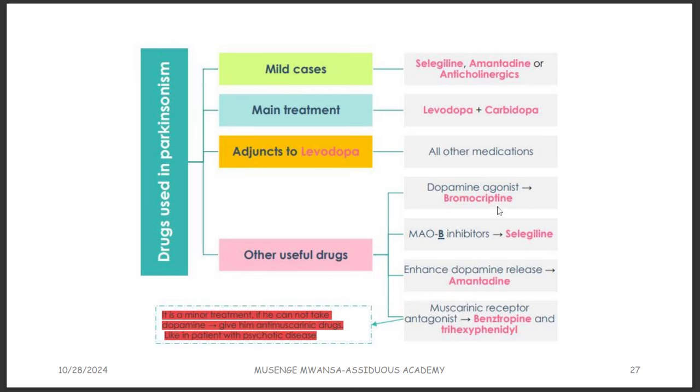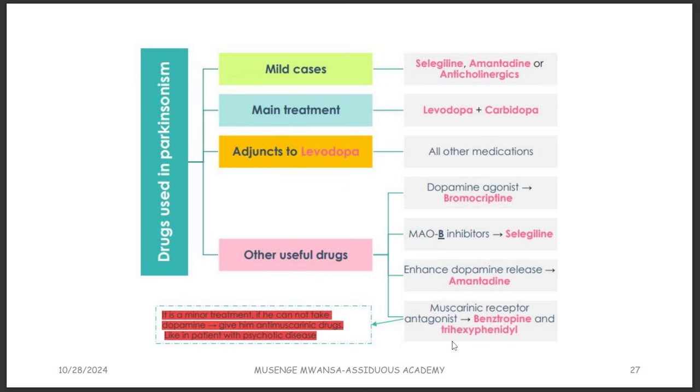You have dopamine agonists. These increase dopamine, like bromocriptine, the MAO-B inhibitors like selegiline and rasagiline, and those which will enhance the release of dopamine. Amantadine is just a drug on its own. And then you can also have the muscarinic receptor antagonists, benztropine and trihexyphenidyl.